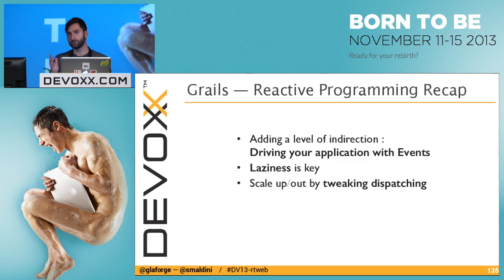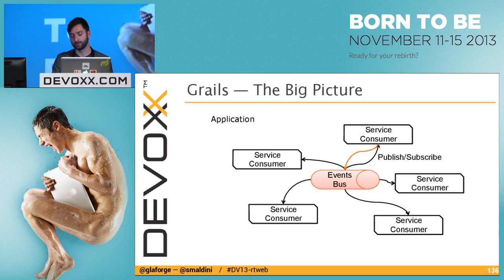Well, just to make sure everyone understands, basically, the level of indirection is also called an event bus. And if a service sends an event, using the publish-subscribe pattern, for instance, everyone is going to receive the event coming from the event bus, not directly from the service.